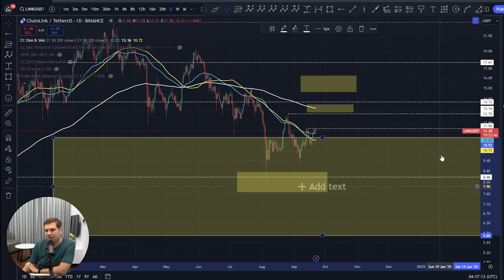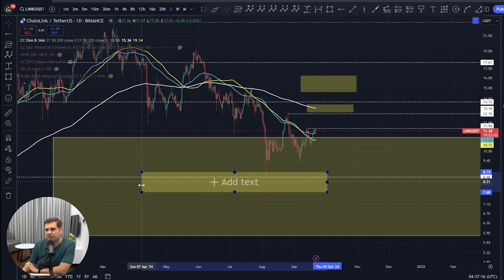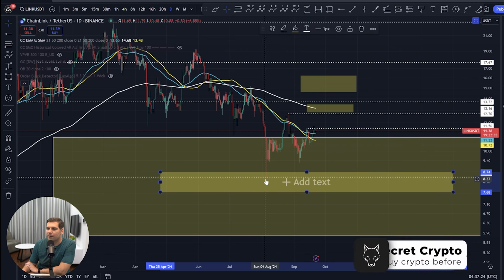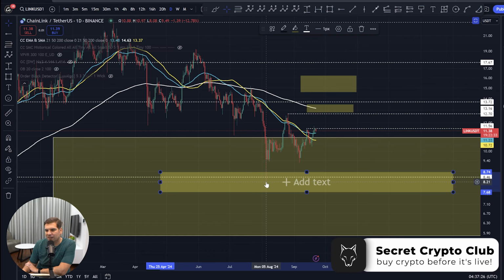This is the reaccumulation zone. We did snipe out this little entry, which, if anyone was aware, we were tracking the idea of 7.68 to 8.74. This came in quite nicely on the 5th of August. We tapped into that range and we got a nice run to the upside since then.